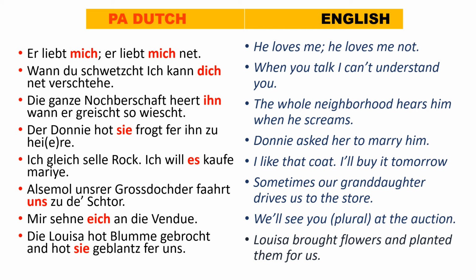Now we're not talking about us receiving the action, we're talking about the plants receiving the action. She planted them. She planted the plants. Die Luisa hat Blumen gebracht und hat sie gepflanzt für uns. Luisa brought flowers and planted them for us.